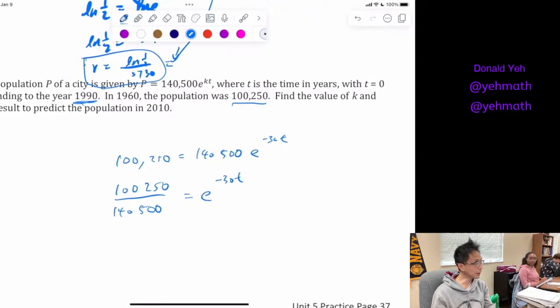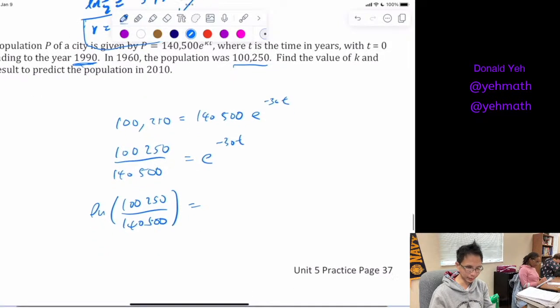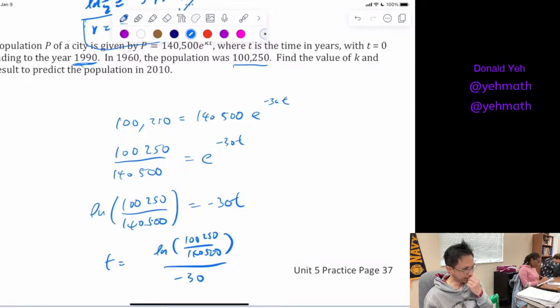How do I get rid of e? ln of this. Somebody work out this for me because I don't want to keep writing it down. But if you don't have a calculator, you're going to write it like this. And t is equal to ln of 100,250 over 140,500, divided by negative 30. You can write it like this. It's fine.